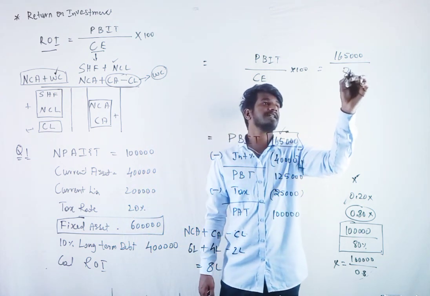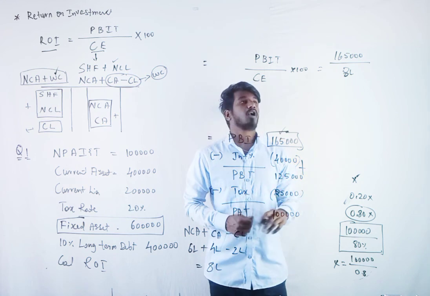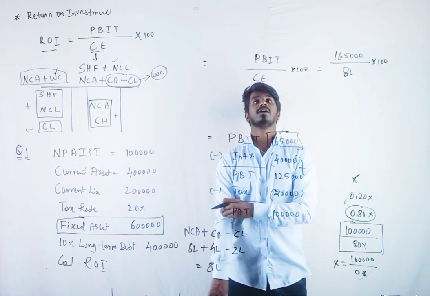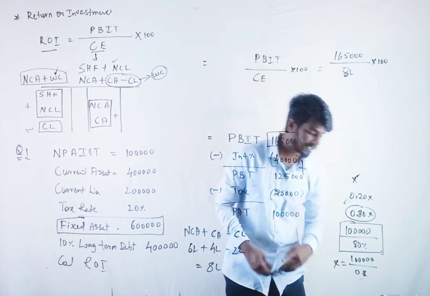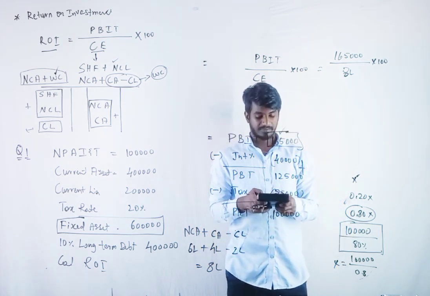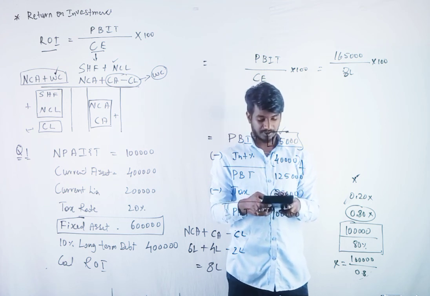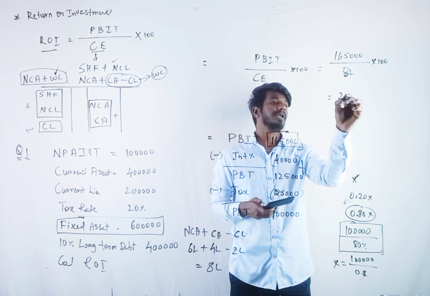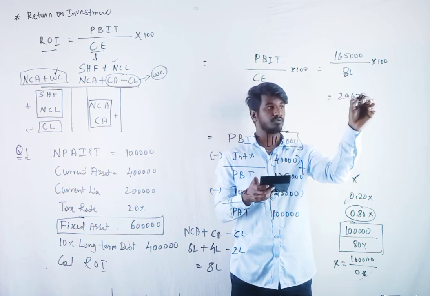Capital employed is 8 lakh, profit before interest and tax is 1,65,000. So 1,65,000 divided by 8 lakh rupees into 100 is 20.625.